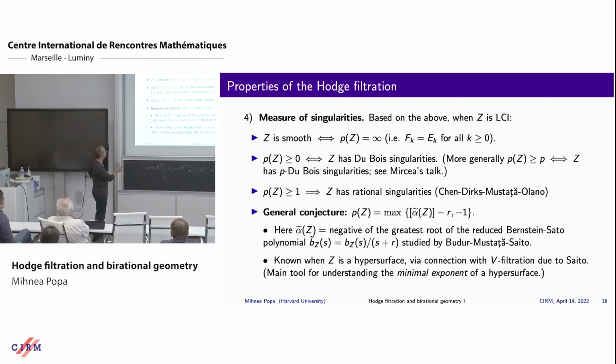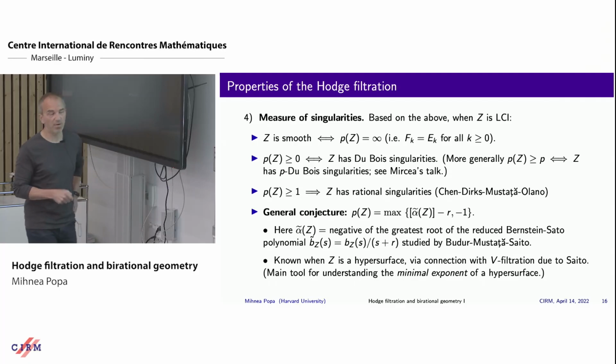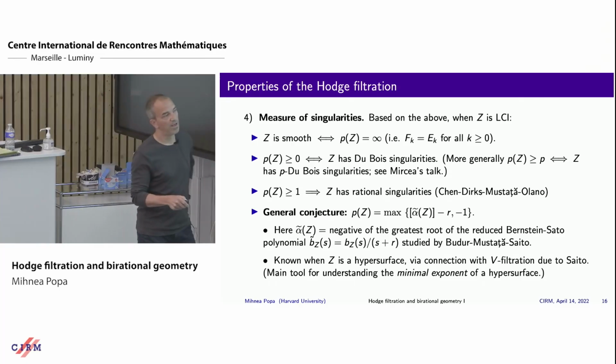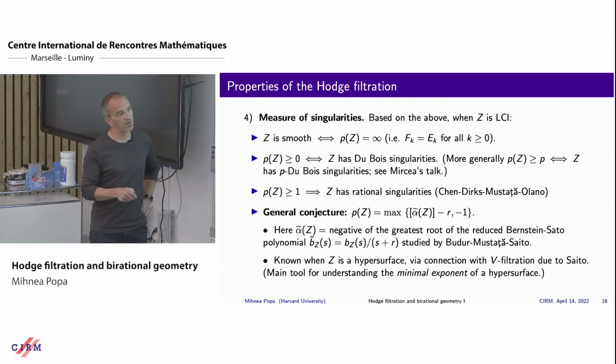This then is known to imply this other stuff. And this is known for hypersurfaces as one of the major things about Hodge ideals and the theory in the case of hypersurfaces. This was done by Saito. So he observed, and again, this is something that I think Mircea will discuss to some extent, a connection with the V-filtration of D-modules.